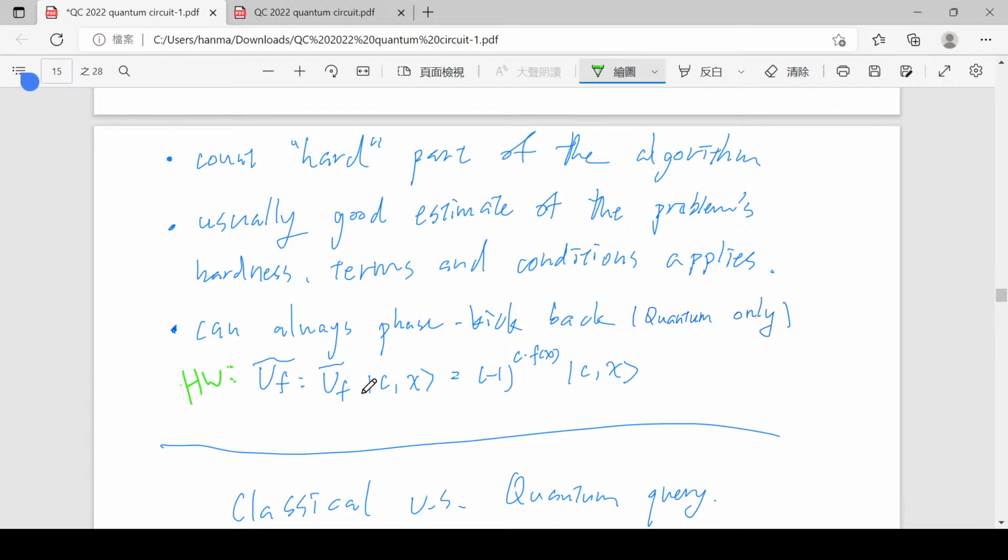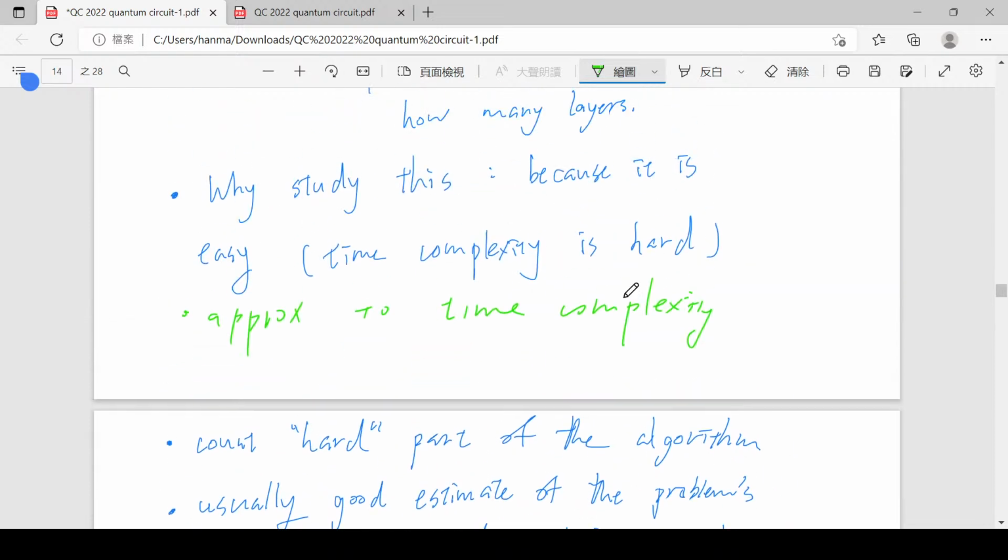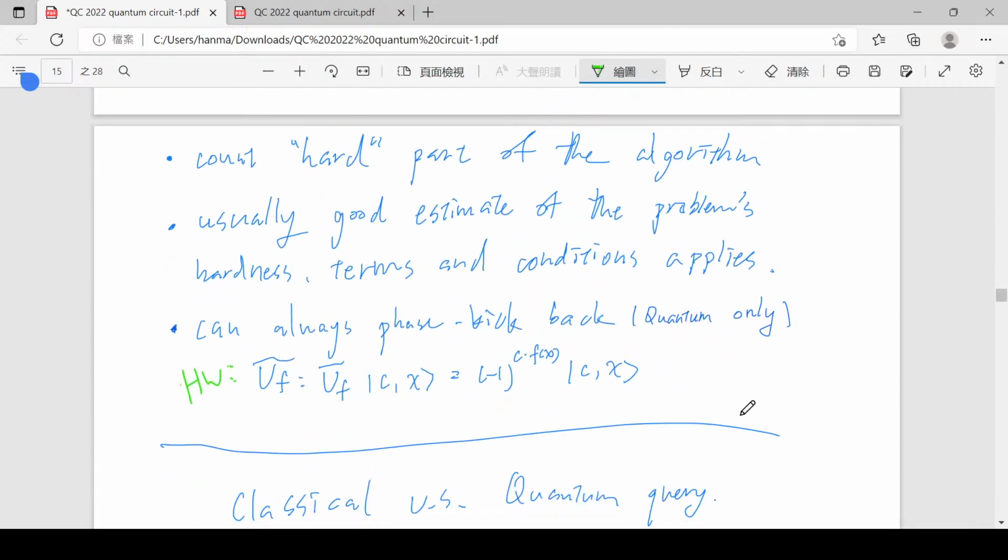And that is, we'll define two types of quantum oracle. The thing we did up there, U_f of x, y equals x, y ⊕ f of x.